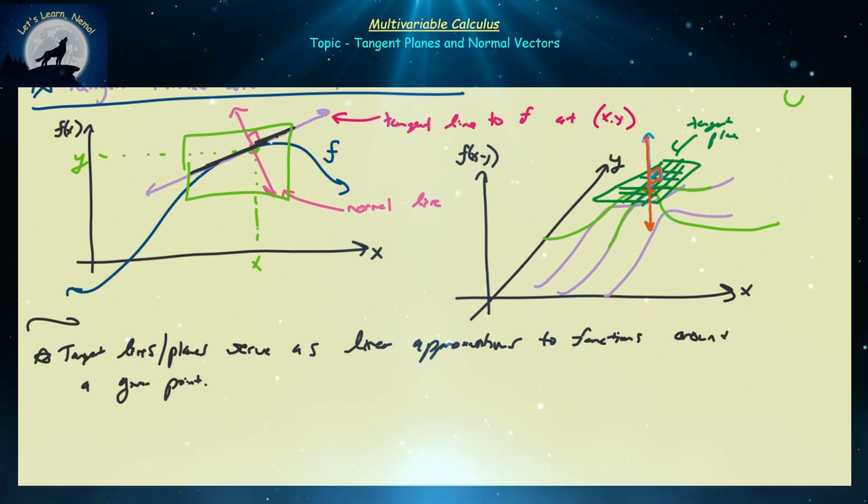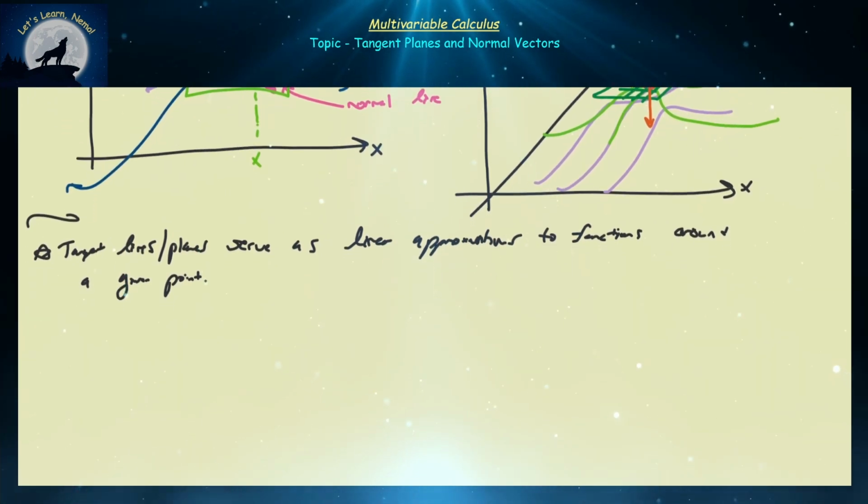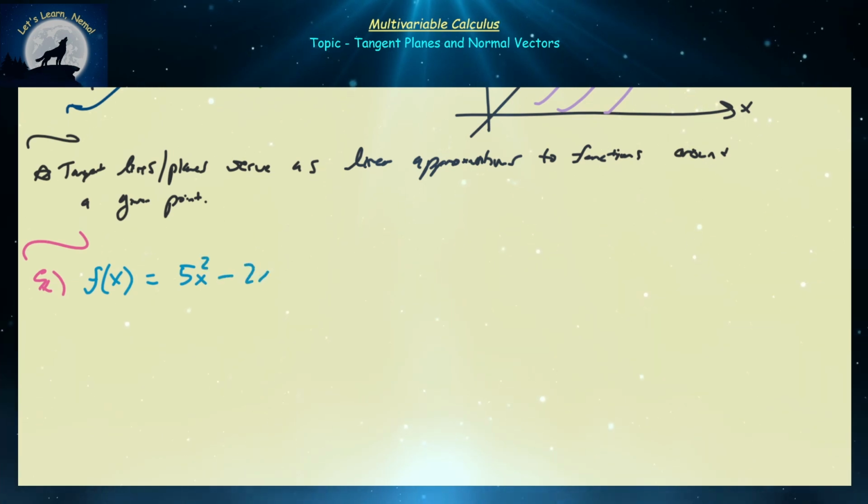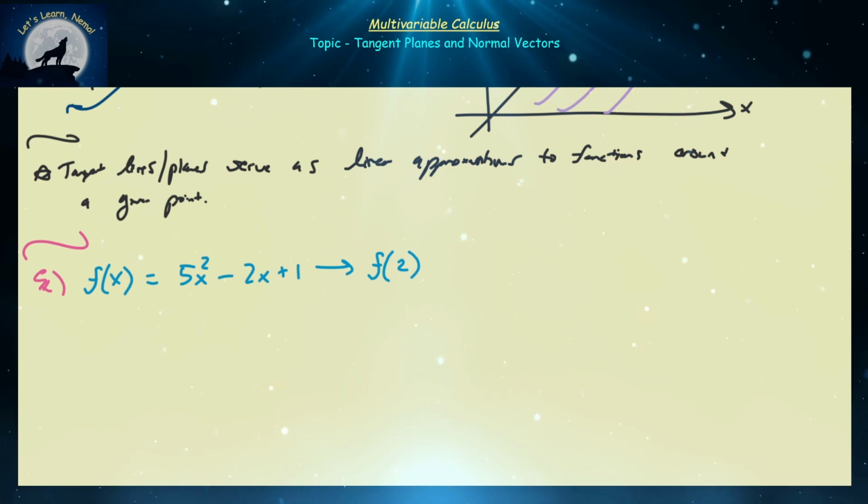Okay, so let's go over how we found tangent lines for single variable functions. Let's look at a brief example. Let's assume that we have a very basic function f of x is equal to 5x squared minus 2x plus 1, whose function value, say at 2, is equal to 17.